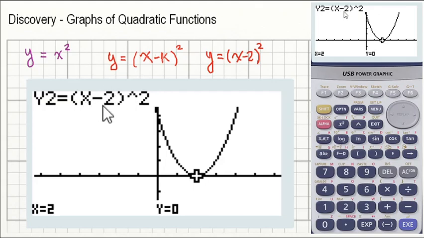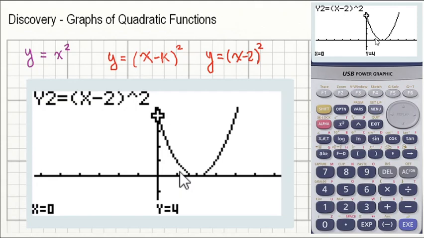So it's another translation. And this time, instead of shifting up or down, we are shifting it sideways. Notice that if I go to the left here, the shape of our function has not changed. It's still the same curvature.